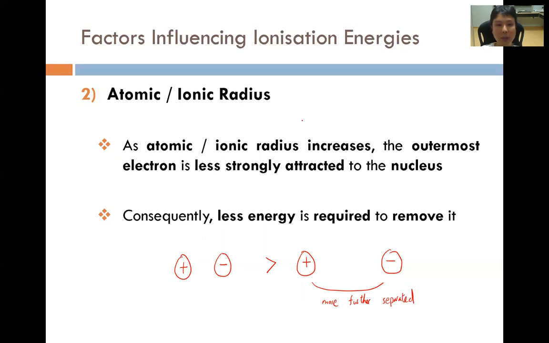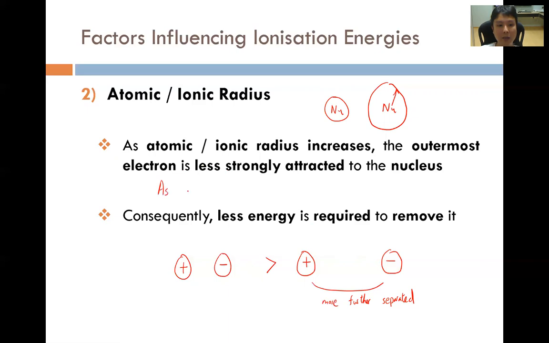Now, as the atomic radius increases, the distance between the nucleus and the valence electron is larger. As the distance increases between the nucleus and the valence electron, the attraction will be weaker, and hence, as atomic and ionic radius increases, the outermost electrons will be less strongly attracted to the nucleus, and consequently, less energy will be required to remove it.